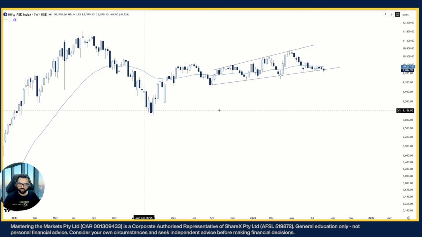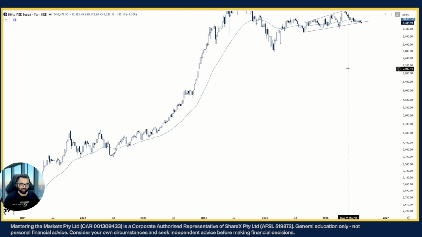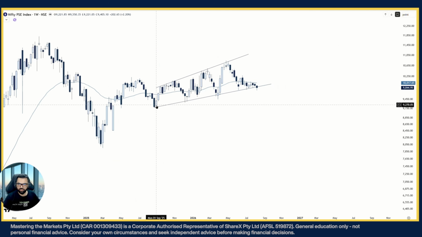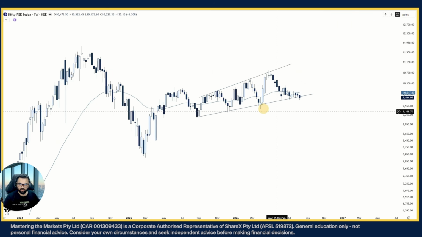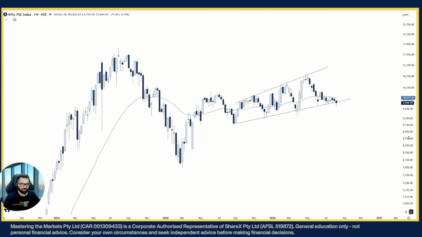Public sector enterprises, the PSE index, I will call this chart very choppy, in a very up-down market, which we also call a kangaroo market, neither a bull market nor a bear market. But the key observations being that it's been trading below the 40-week EMA for quite a few weeks now, and possibly trying to break down of this trend line as well.